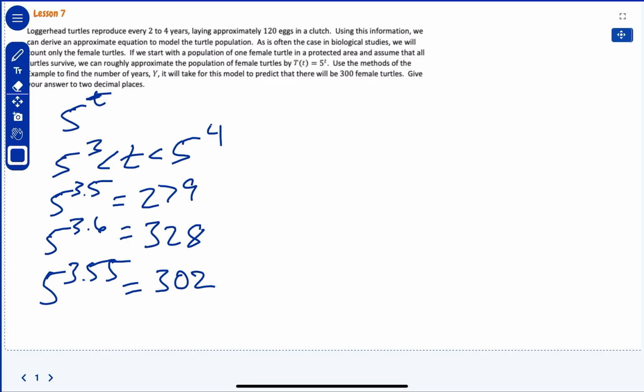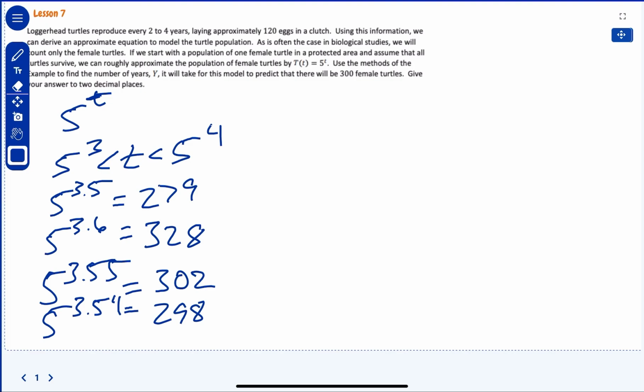Let's go 3.54. There we go. 3.54 is equal to 298. Now, it said we had to go to, didn't it say just 2 decimal places? So that would be 2 decimal places, right?